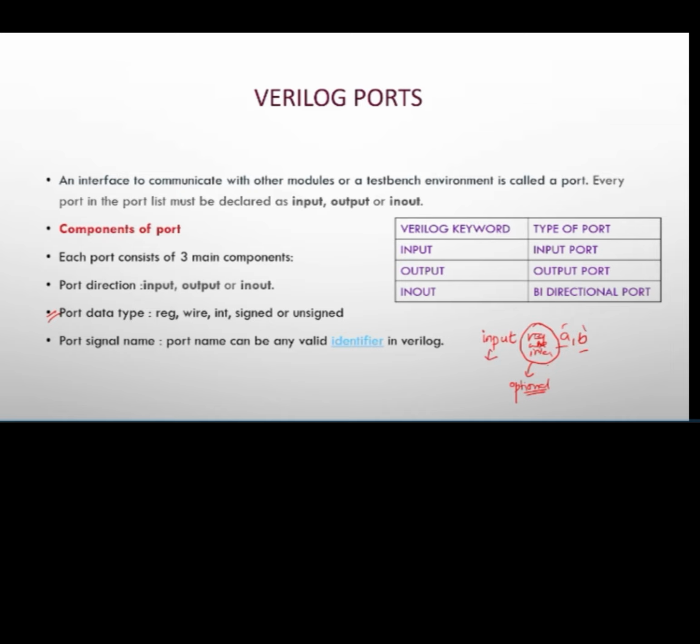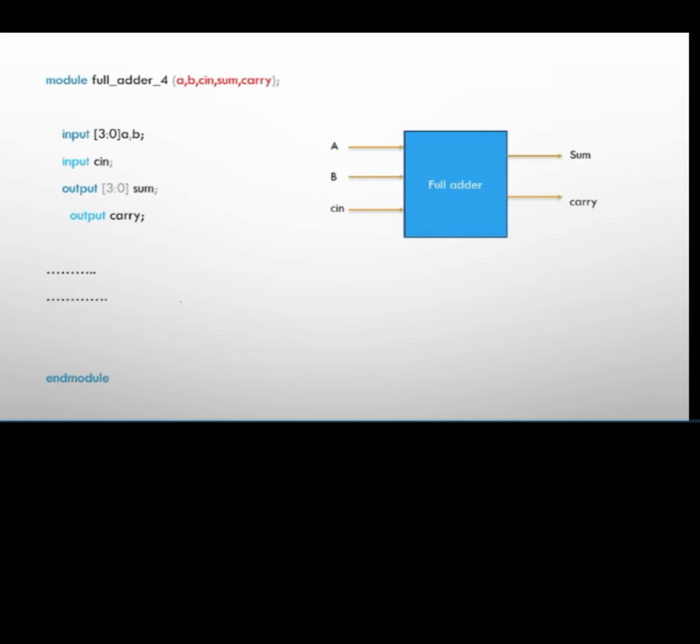First is the direction of the port, the second is the data type, and the third is the name of the port, as every port will have an individual name. So see here, these are the types of ports. First is direction, and if you didn't mention any data type, as I already told you, it is your wish to define it or not, and then the identifiers. Identifiers are nothing but names.